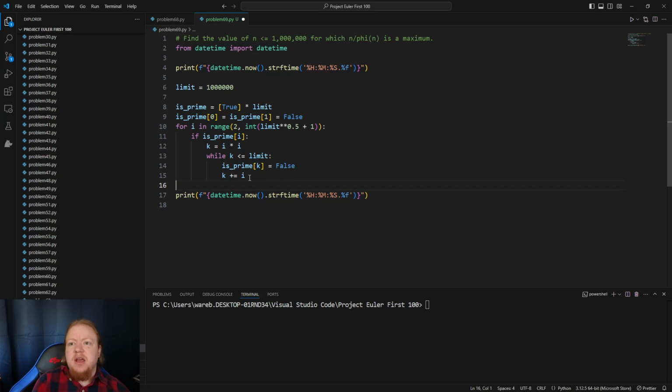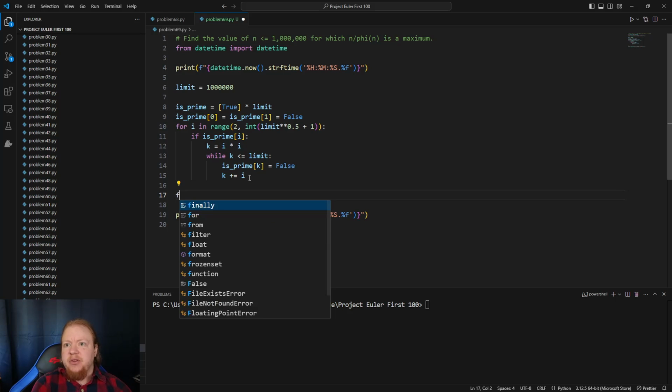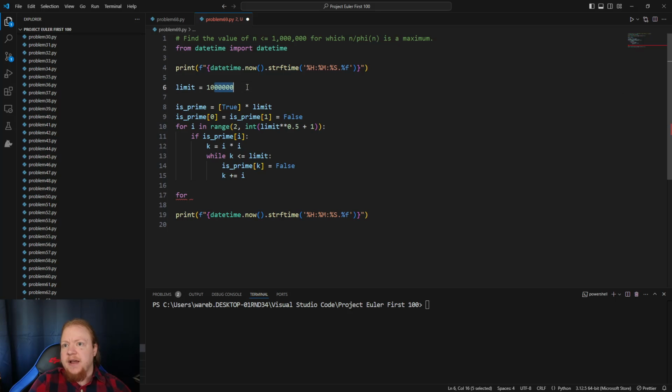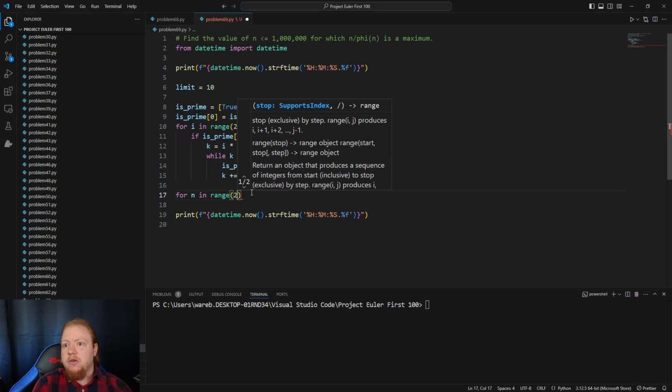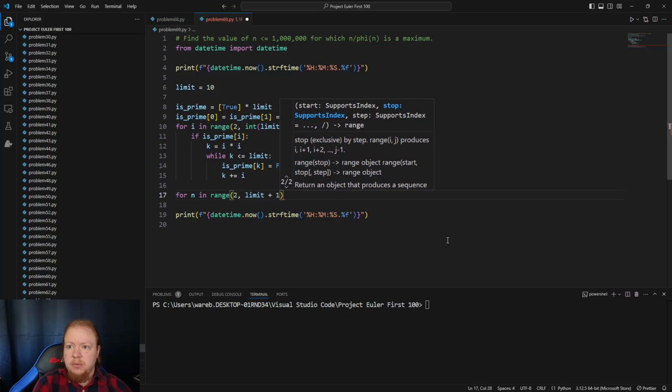Now, this step may not be strictly speaking necessary, but for our purposes, let's leave it at that. And we're going to do limit equals 10 first, real quick. Okay, so then for n in range, starting with 2 through limit plus 1.